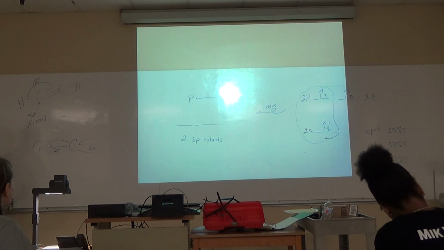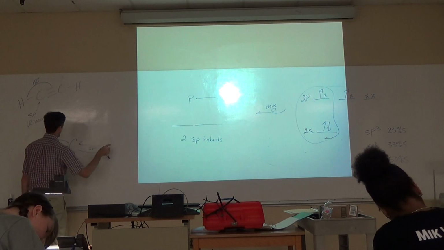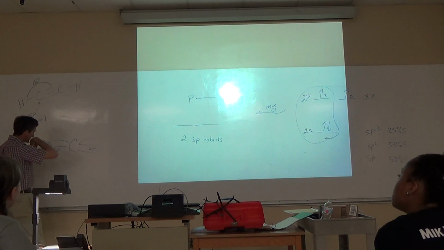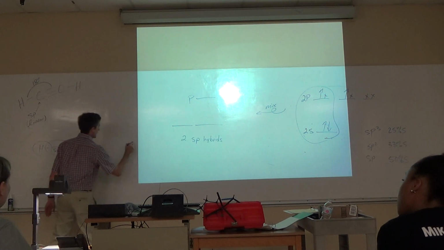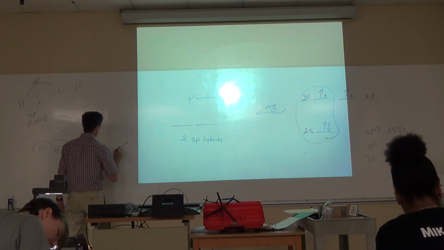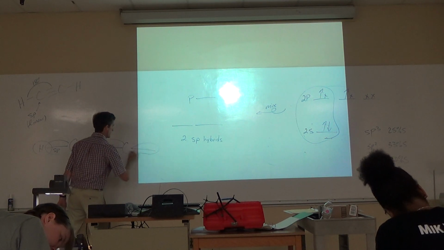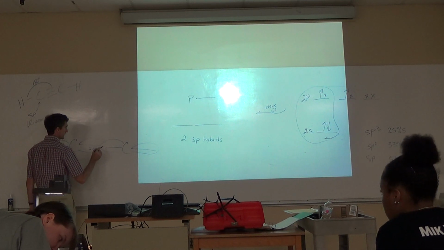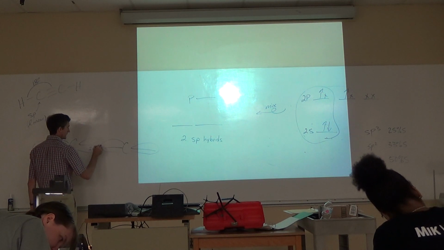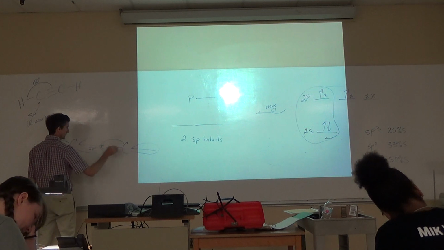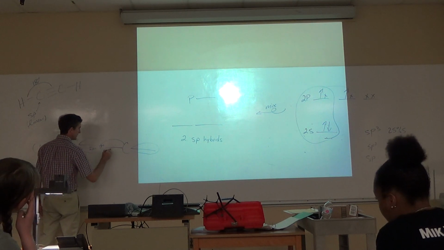H, magical two-electron bond. What is this interacting with? Identical carbon. It also has two hybrids. Okay? One electron from there, one electron from there, magical there.